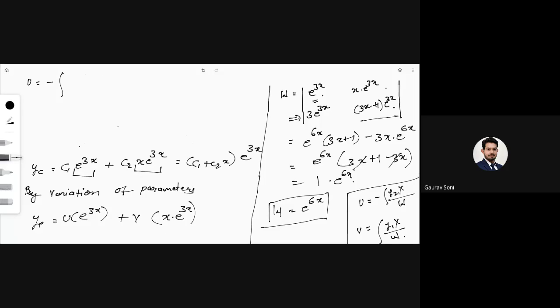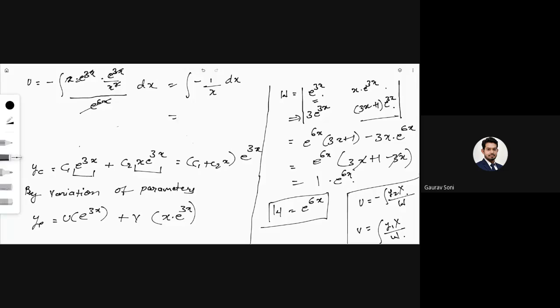What is our y2? x into e to the power 3x multiplied by capital X. What is our capital X? The right hand side, e to the power 3x by x squared, upon the Wronskian, which is e to the power 6x, dx. We have to integrate this now. This e to the power 3x into e to the power 3x will become 6x, and that will get cancelled out from the denominator. What we have, minus, one of the x will get cancelled out, minus 1 by x dx.